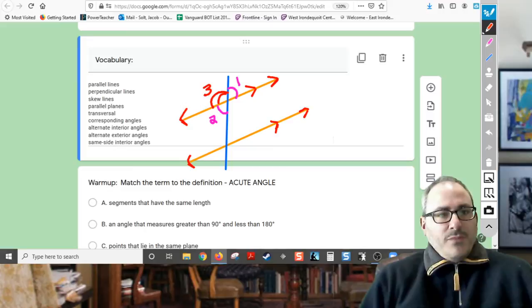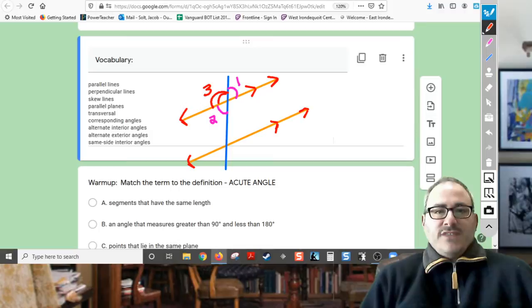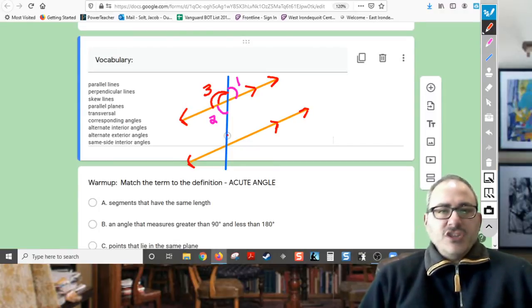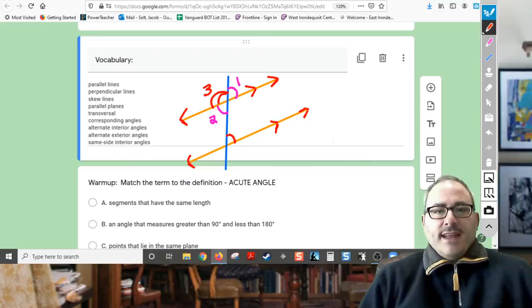Well, because these are parallel lines, I actually know some other things. Like I know about corresponding angles. Angle 1 is in this upper right-hand corner of where this transversal, the blue line, intersects with one of the orange lines that are parallel to the other orange line. I know, just because they're parallel, and I should have used the same color I used before, the color actually doesn't matter, but just to be consistent, that angle 4 here, I'm just going to call this angle 4.